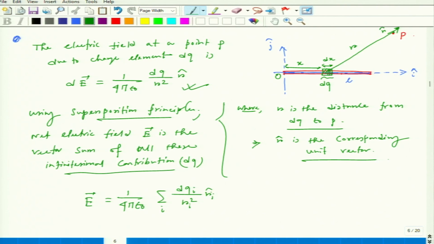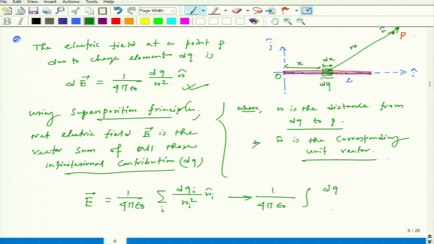Now if we consider this infinitesimal element to be very small, the sum becomes converted to an integral: 1 over 4 pi epsilon naught integral over dq. Now we can use a continuous variable instead of discrete variables.